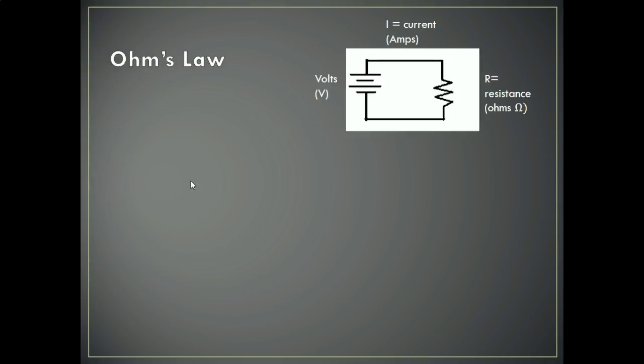Now we're going to talk about Ohm's law. Before we talk about that, let's briefly talk about where voltage, current, and resistance come from. In a circuit, the voltage is from the power source. In this case, the voltage is generated by this battery here.